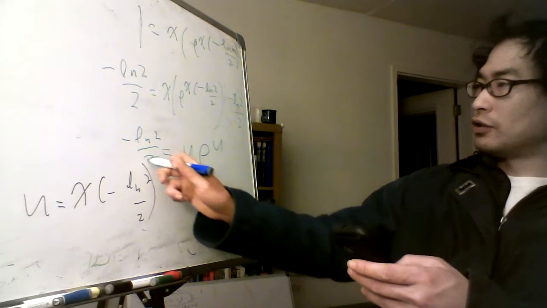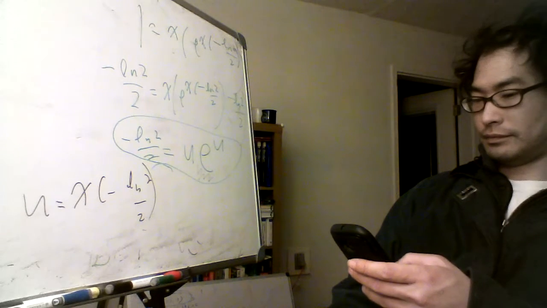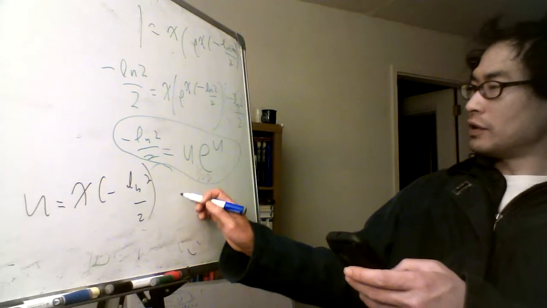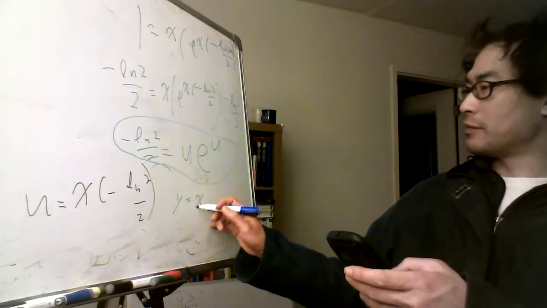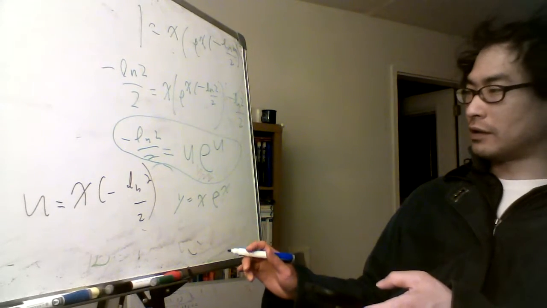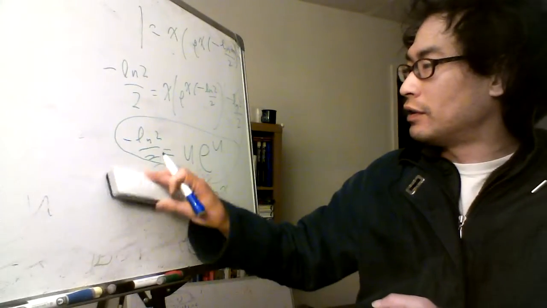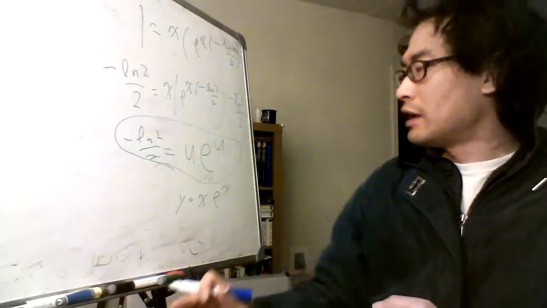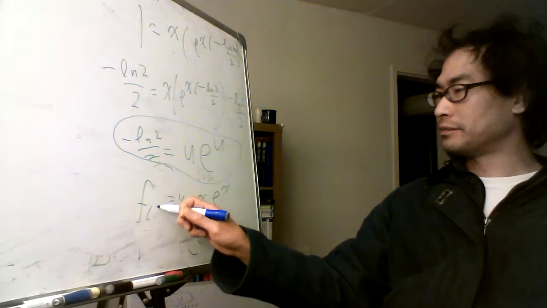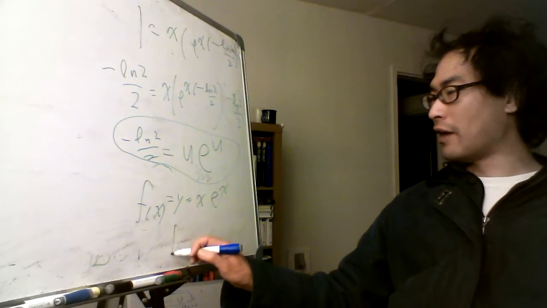So we have this: y is equal to x times e to the x. What would be the inverse function of that? That's the Langmuir function, the inverse function of this function. This is f(x). Now, what is the inverse function?